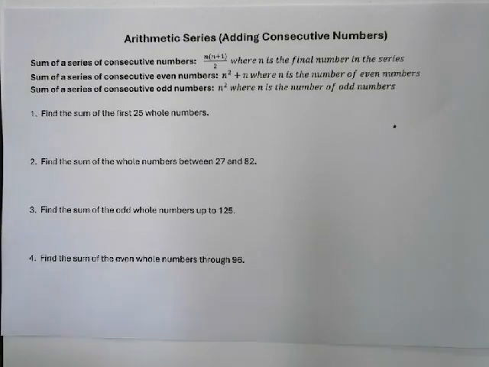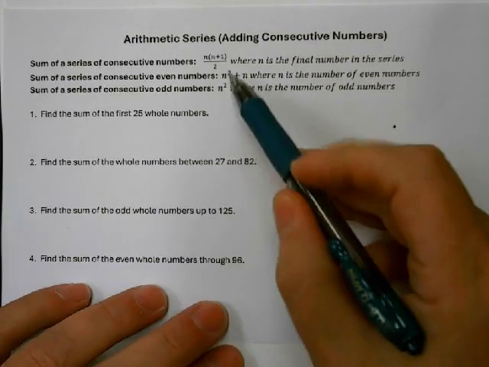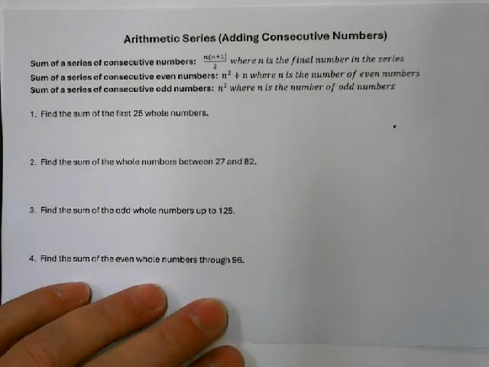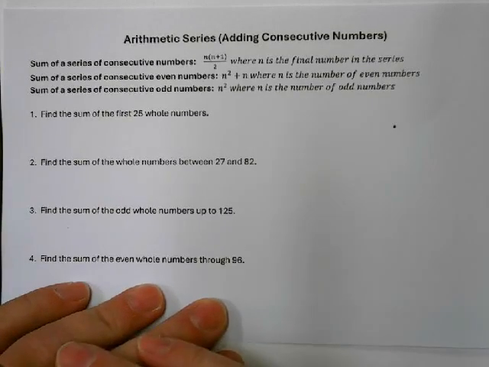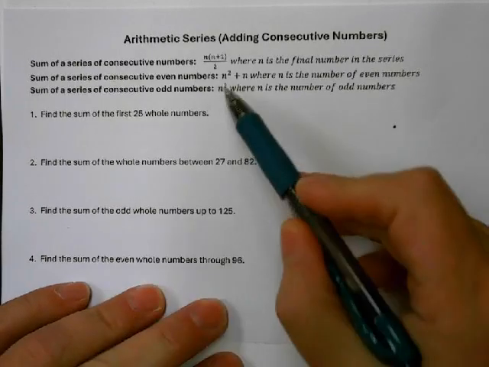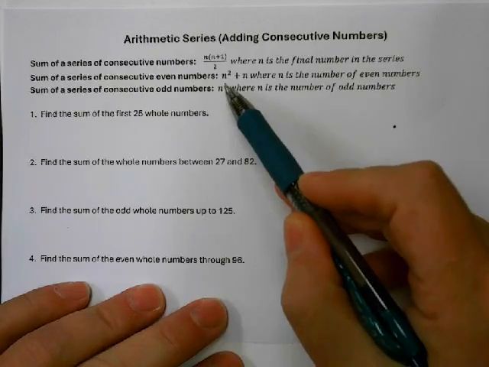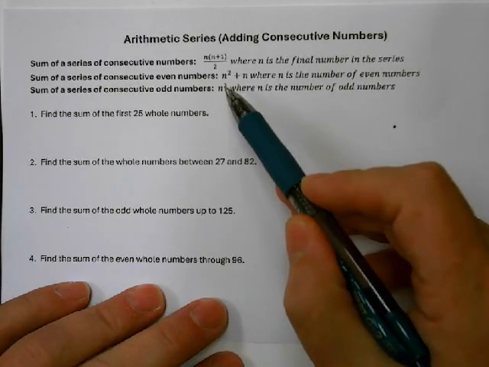All right, so what if you're only looking for the even numbers? If you're only looking for even numbers, we've got n squared plus n. Now on this one, let's say you're trying to add all the even numbers through 100. N is not 100. It's how many even numbers you have.